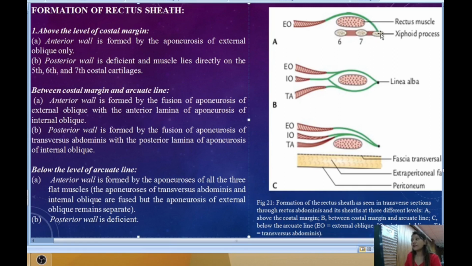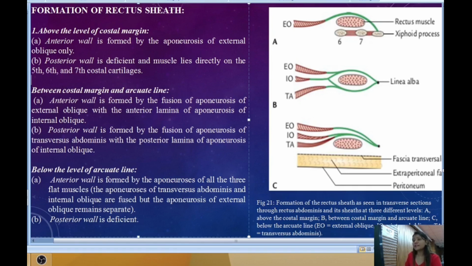Okay, it will lie directly on this costal cartilage, and this is the rectus muscle. This is the external oblique aponeurosis. Okay, so this is the rectus muscle, sorry, this is the rectus aponeurosis, that is the rectus sheath. This green color is the rectus sheath. This is the rectus muscle, and there is no posterior wall, so it lies directly on the 5th, 6th and 7th costal cartilage. This is above the costal margin.